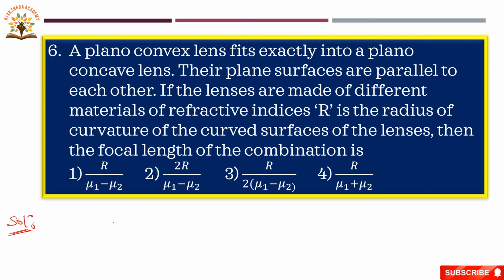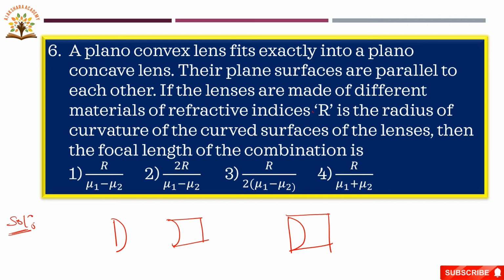So this is the plano convex lens, and this is the plano concave lens. These two are their plane surfaces. If the lenses are made of different refractive indices, r is the radius of curvature of the curved surface of the lens.